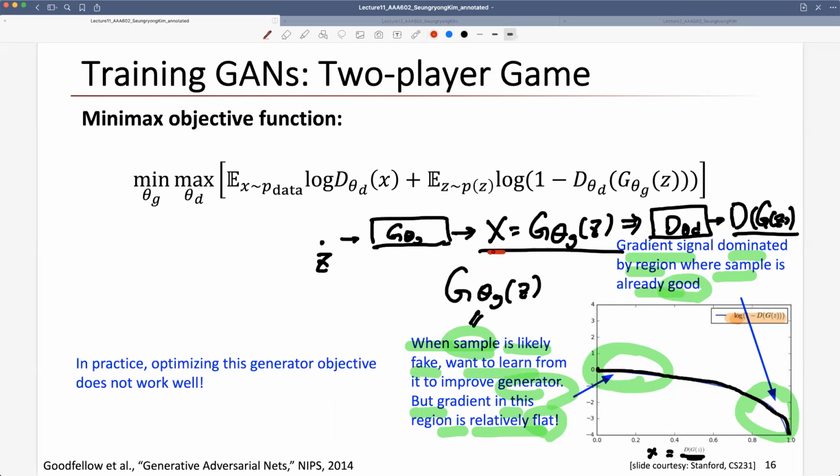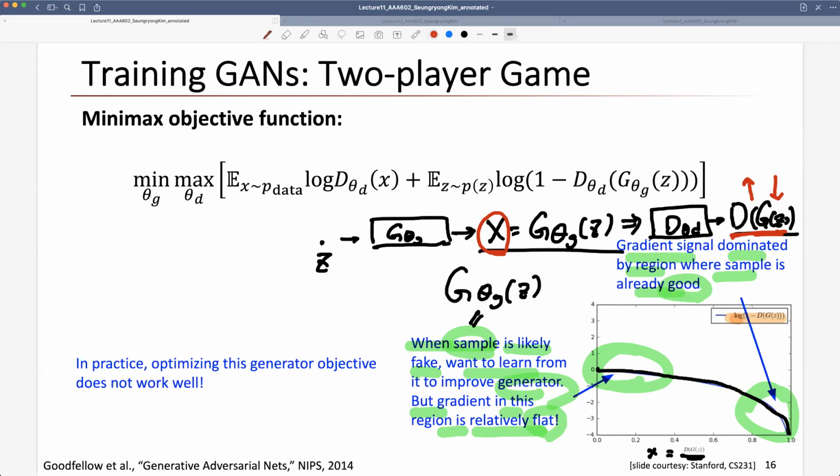If the generated image X looks like the fake image, the output probability is going to be low. Or if the generated image X looks like the real image, the discriminator output is going to be high, right?